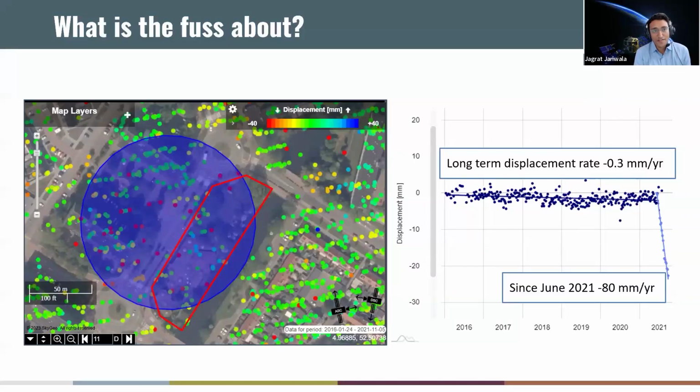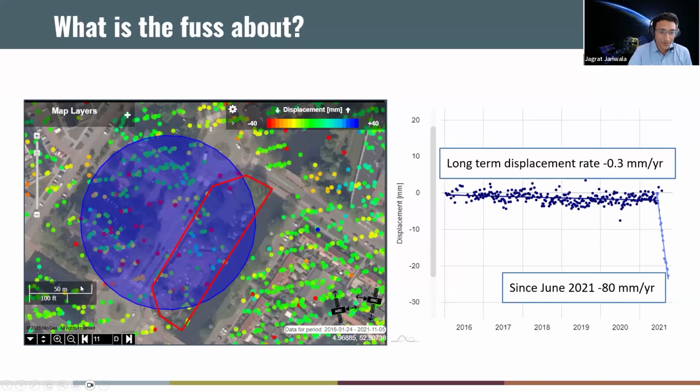Now, for folks who have not utilized InSAR before, the image on the left is a typical viewer using which you will typically visualize InSAR estimates. All these points are movement estimates. Those are color coded. The red being movements away from the satellite, green for the points which are stable, and blue which causes upheave.